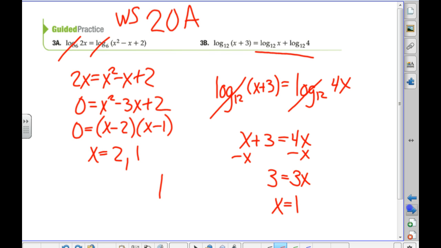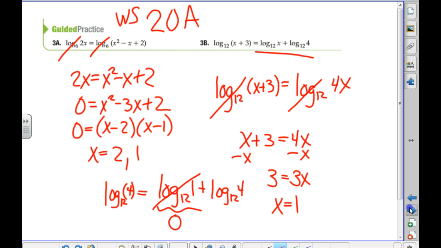The log base 12 of 1 plus the log base 12 of 4 equals the log base 12 of 1 plus 3, which is 4. What is this? 12 to what power equals 1 would be 12 to the 0. So this is 0. So therefore they are equal. Okay? That's a question that could show up tomorrow with no calculator. Can you evaluate log base 12 of 1?